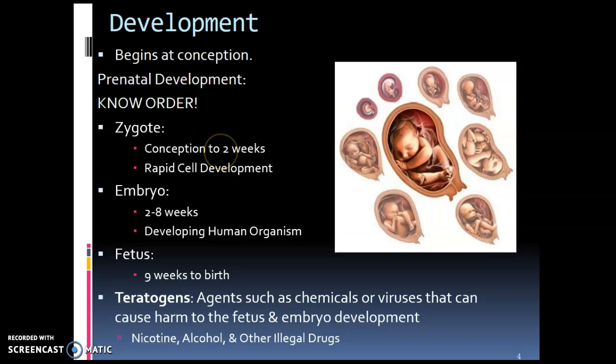They will usually experience a miscarriage there. So this can be nicotine, alcohol, other illegal drugs, and can be over-the-counter drugs. Like if an expecting mother gets a cold, be very careful what type of medicine she takes, if any. That's because it can hurt the embryo and the fetus.